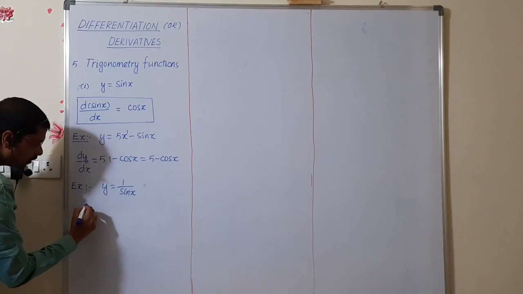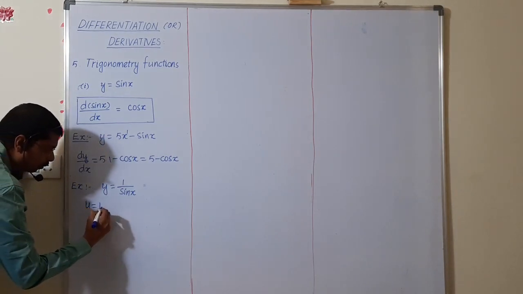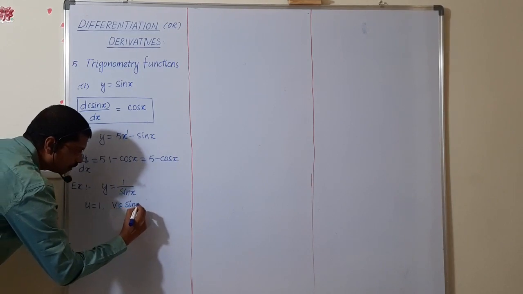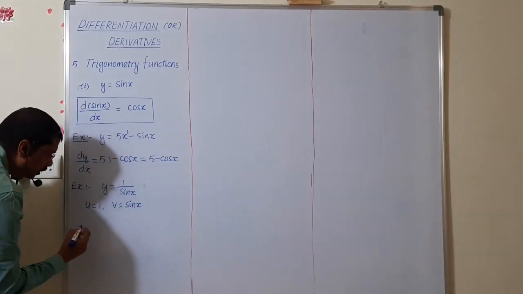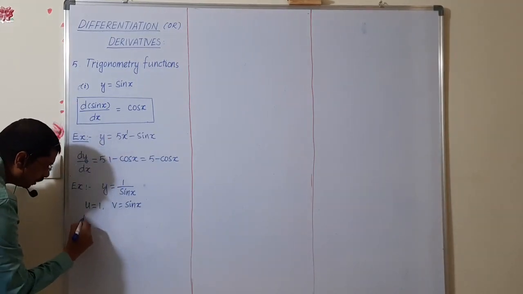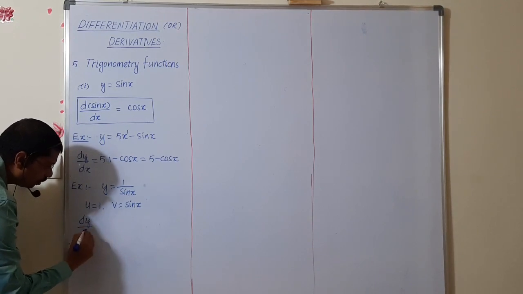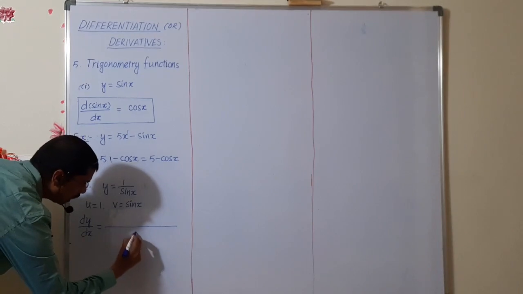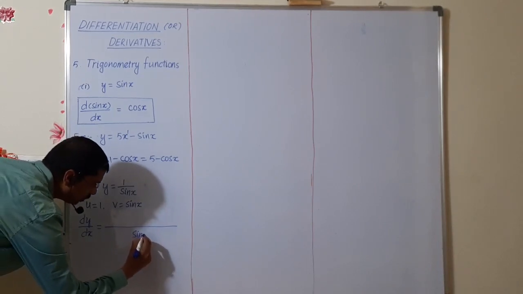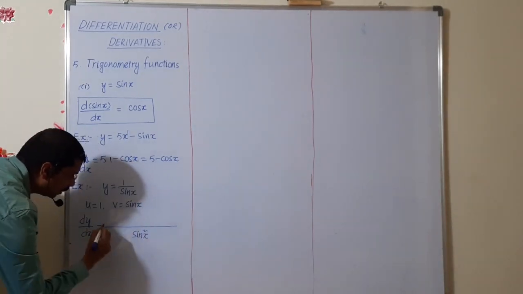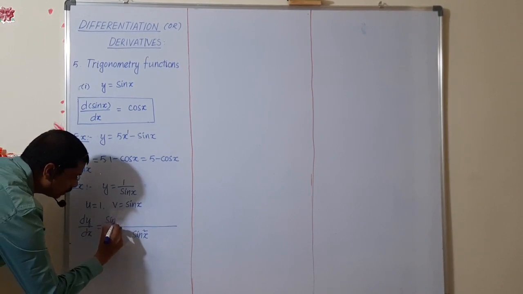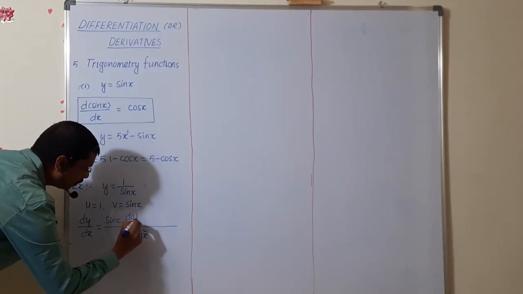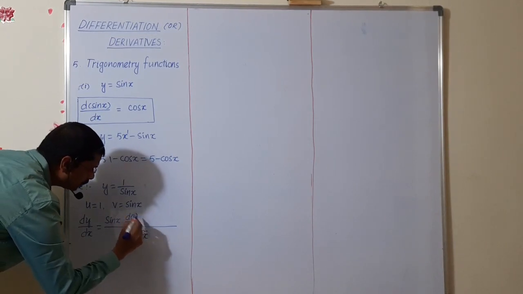In this division, u equals 1 and v equals sin x. What is the division rule formula? dy upon dx is equal to, now you take v square, sin square x, into sin x, a constant, and d of 1 upon dx.